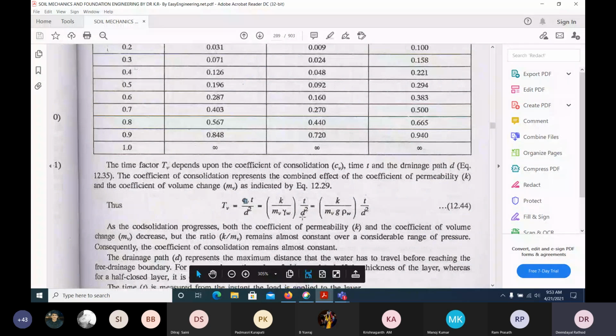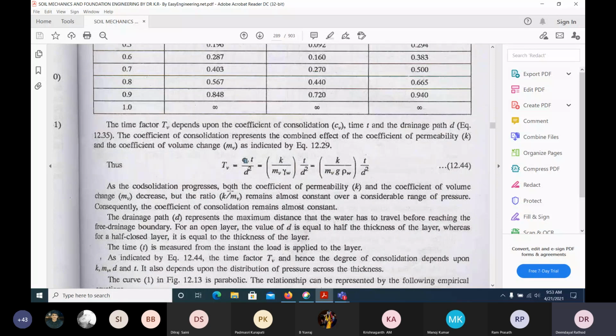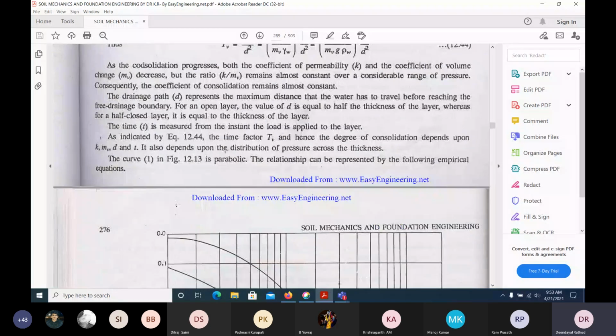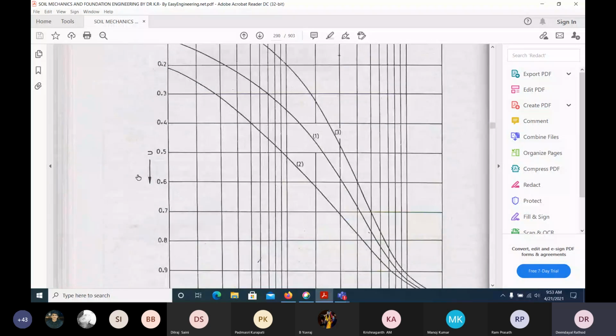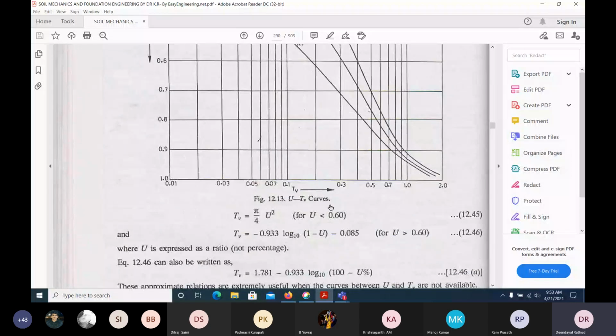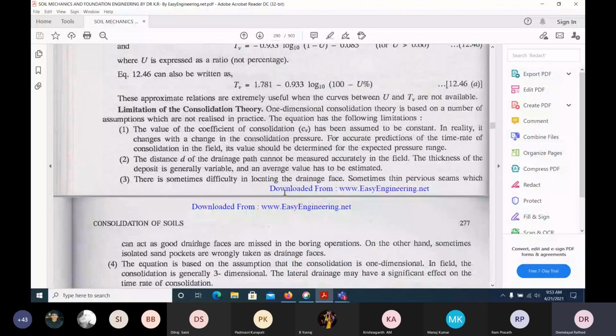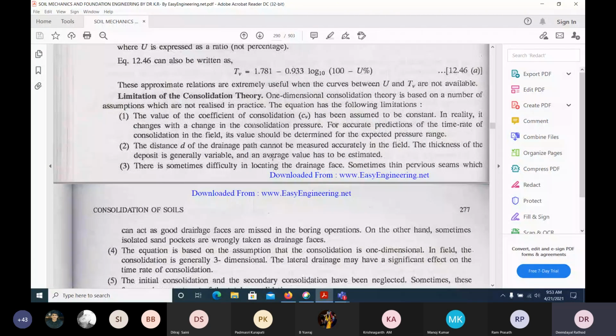Then again the drainage path, how it is traveling. So this is all about the time factor, and here a graph is also given, degrees of consolidation, Tv, and so on. Once you see some problem, you'll understand.